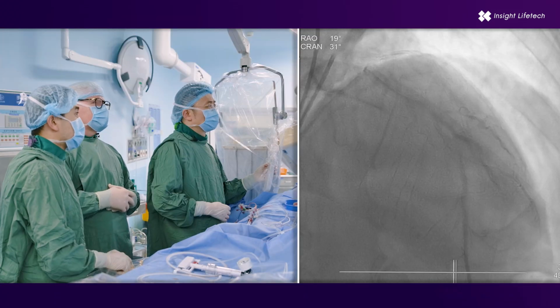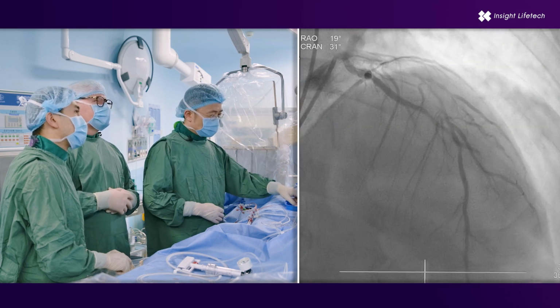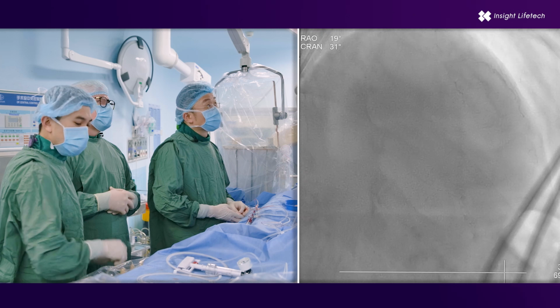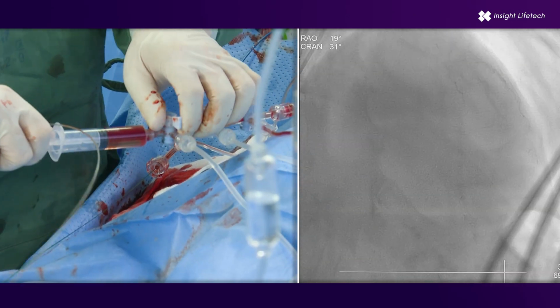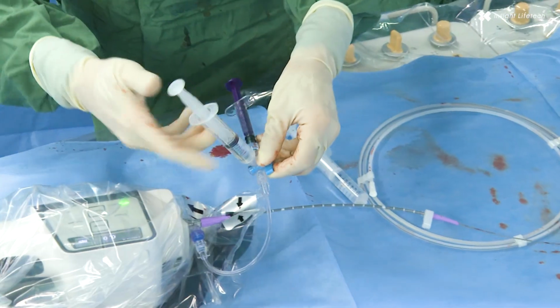Out of the ostium, the proximal part doesn't look so bad. We can of course check on IVUS. This is the ostium of LAD. Maybe IVUS again, okay. Here no symptoms, I think it should be fine. Hemodynamically stable. So we have flow.